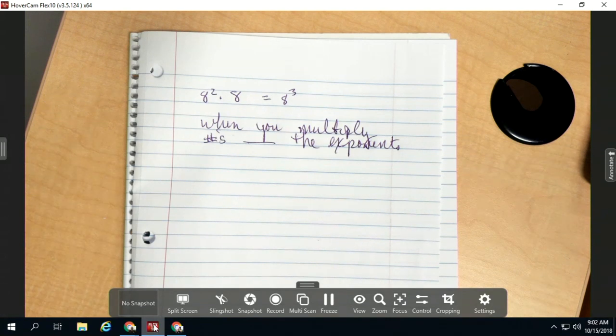Now, this does not have an exponent, correct? But it does, because you assume it's to the first. So I am 59 to the first years old. Everybody agree? Well, you don't know how old I am, but does everybody agree that's what you do in this problem? Next one.